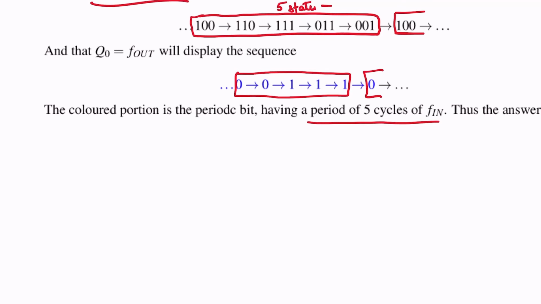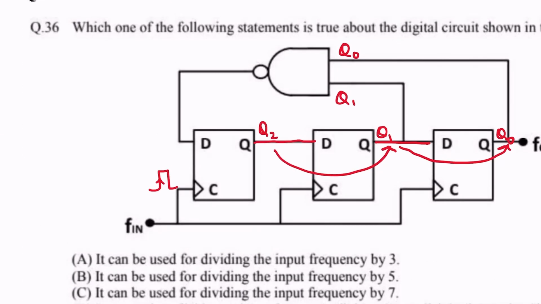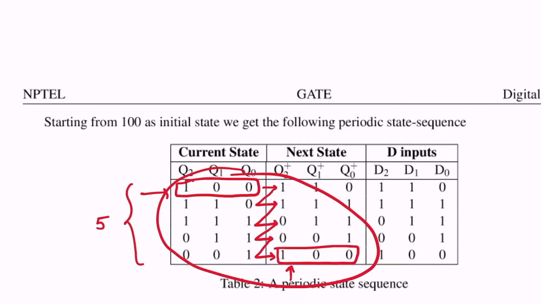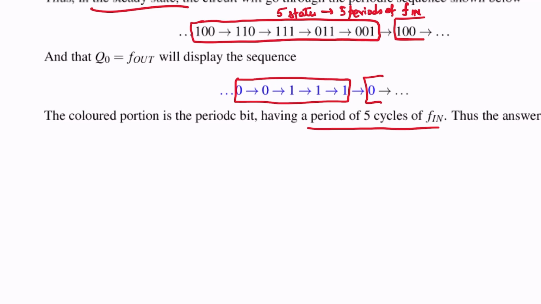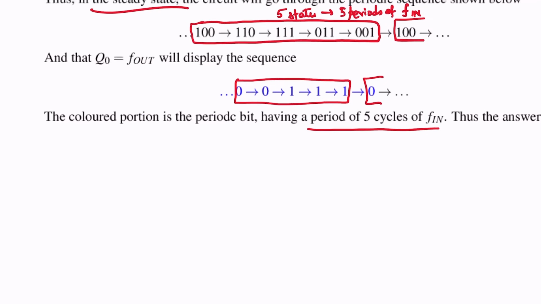That is 5 periods of Fn, right? Fn is the clock input to the 3 flip-flops. So this has a periodic sequence which lasts for 5 periods of Fn, that is for 5 clock activations.